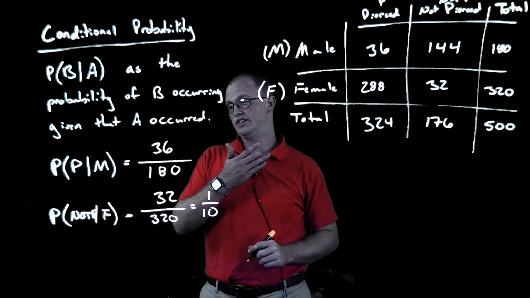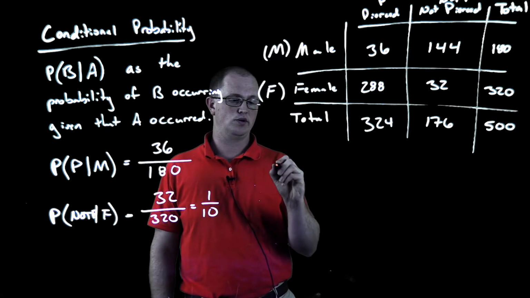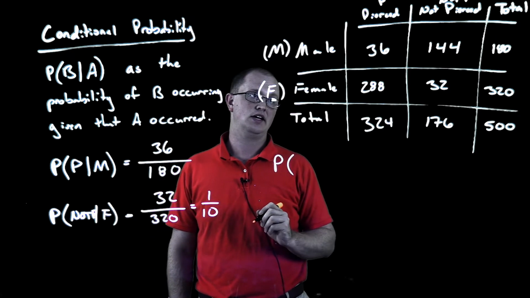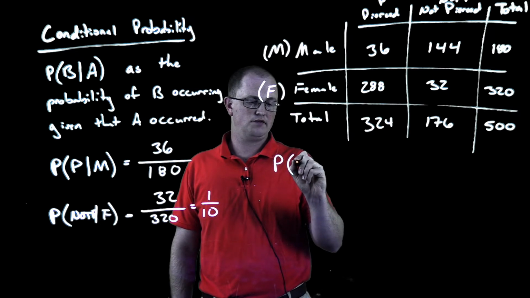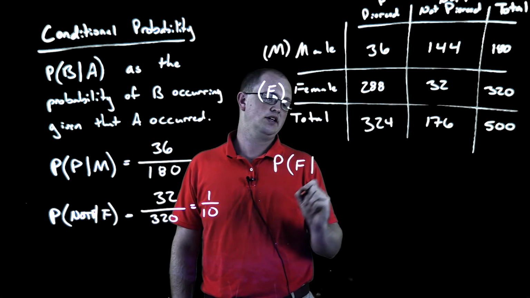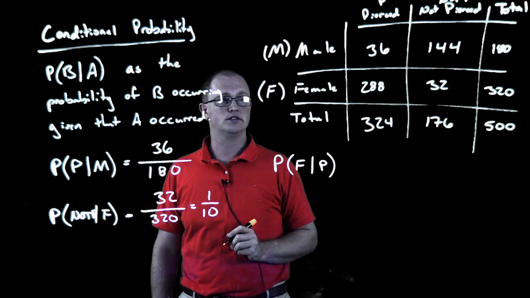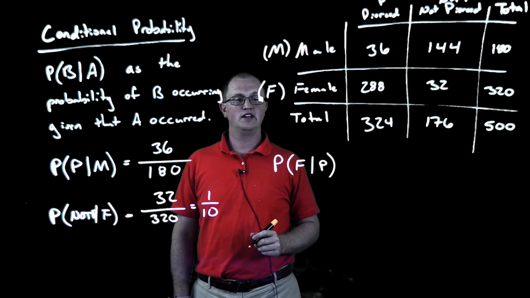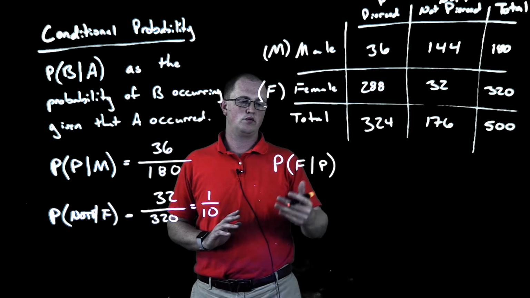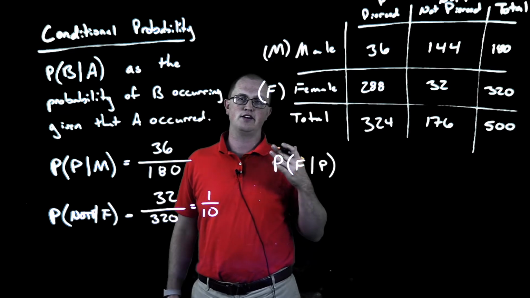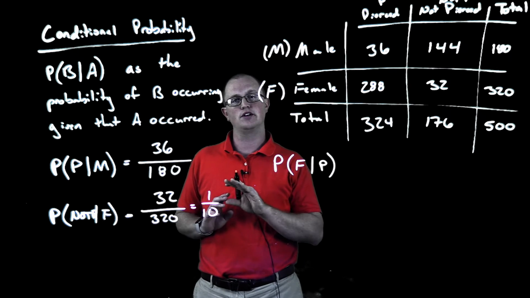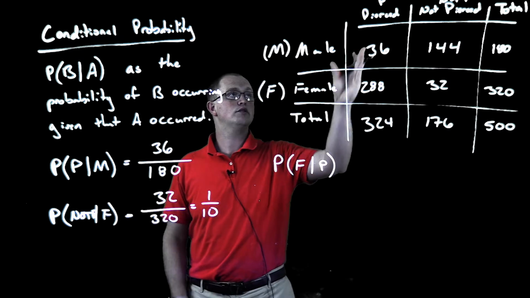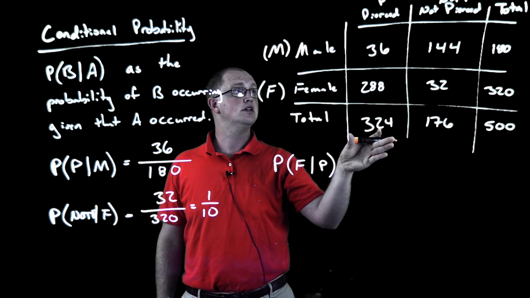We're not restricted for this order, though. We can also ask, what is the probability that someone is female given that they said that they had pierced ears? So looking at this, we know that whoever we're considering here has already said that they have pierced ears. So instead of restricting ourselves to a row, we now restrict ourselves to a column.